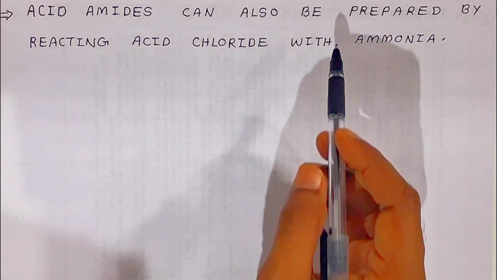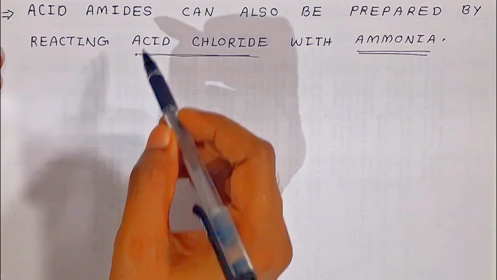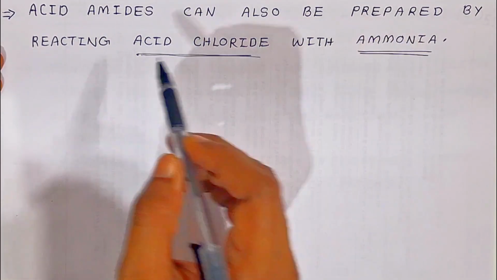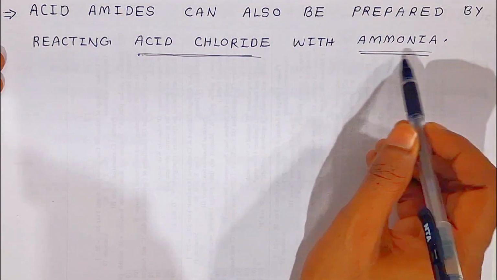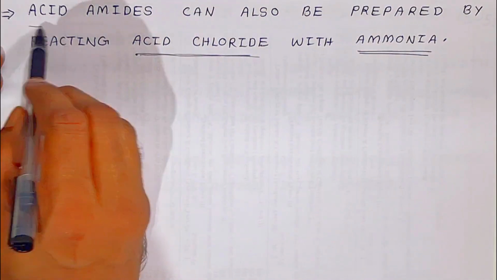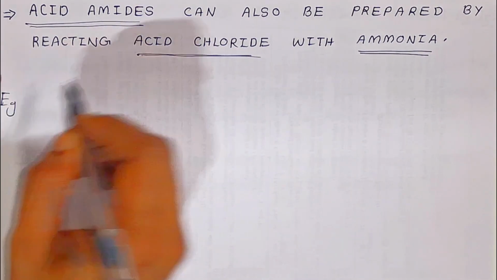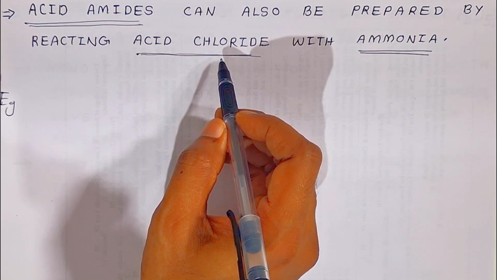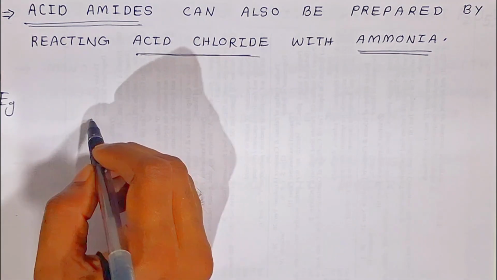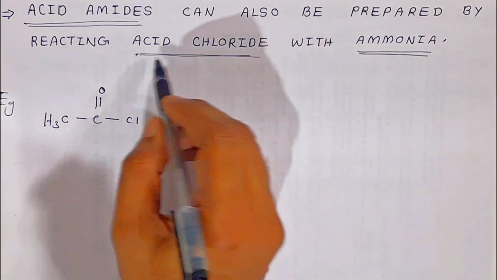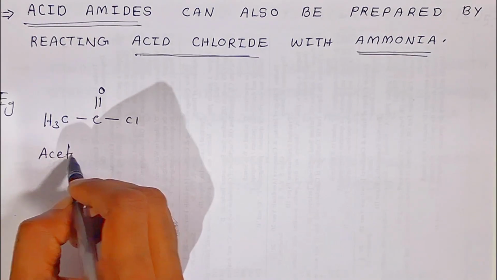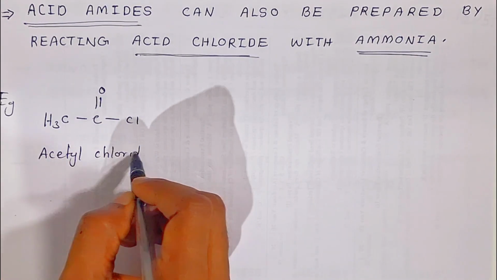Acid amide can also be prepared from acid chloride with ammonia. If you have these two reactants, you can also prepare acid amide. The example I am taking is a very simple acid chloride, acetyl chloride.